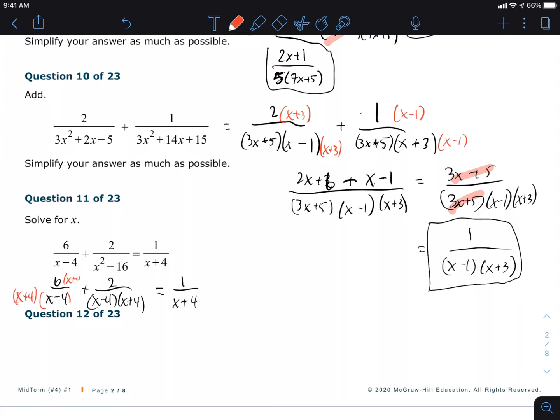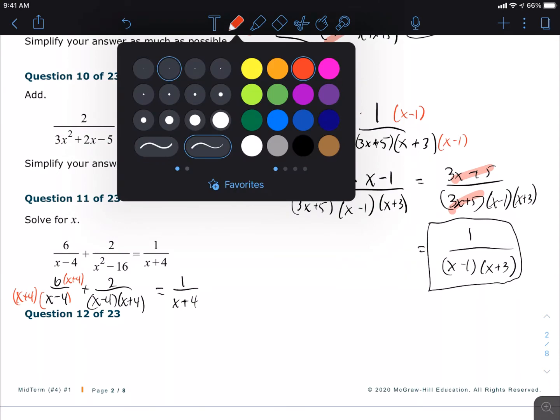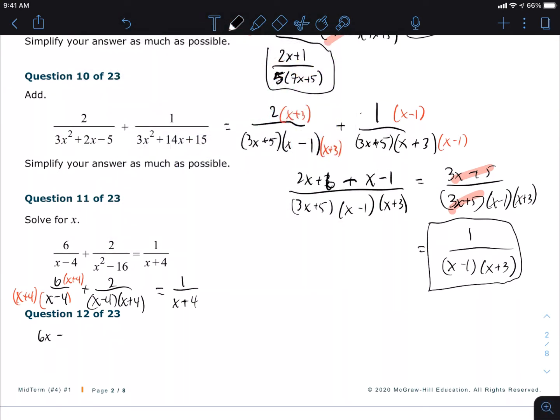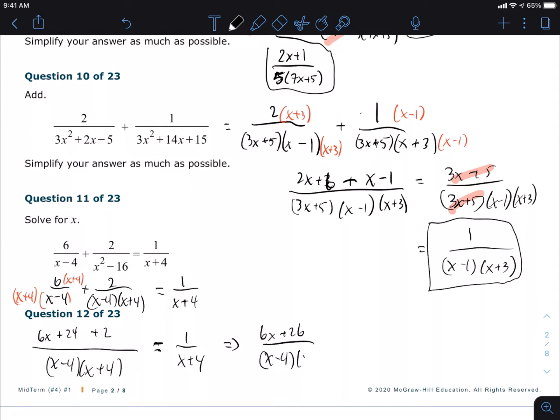So that means that needs x plus 4. And so that's going to give me 6x plus 24 plus 2 all over (x minus 4)(x plus 4), which is equal to 1 over x plus 4. So that's going to clean up to give me 6x plus 26 over (x minus 4)(x plus 4), which is equal to 1 over x plus 4.